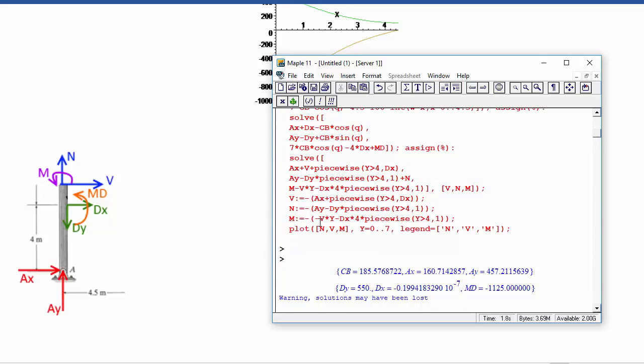We were saying that the net torque, we've got it spinning one way from m and a totally different way from v and dx. So it was m minus v times y minus dx times 4, that distance, as long as y is bigger than 4.